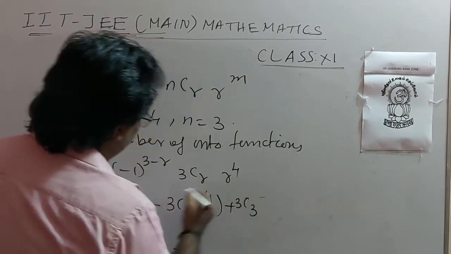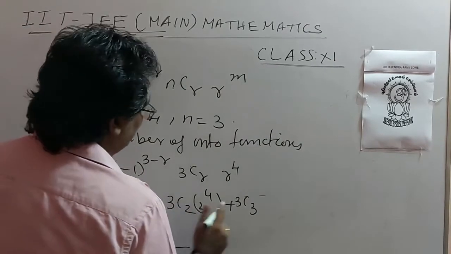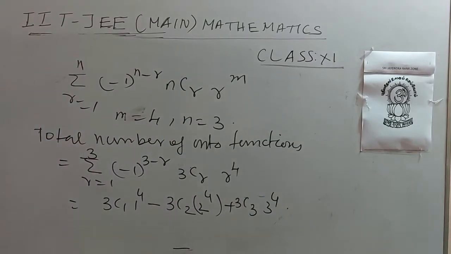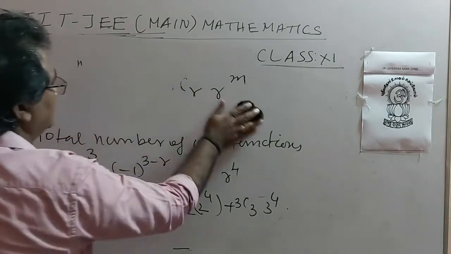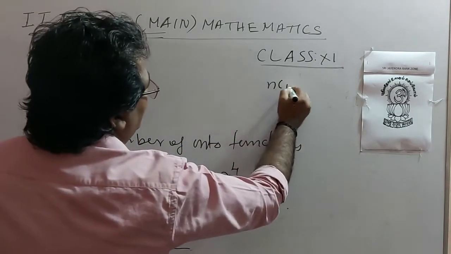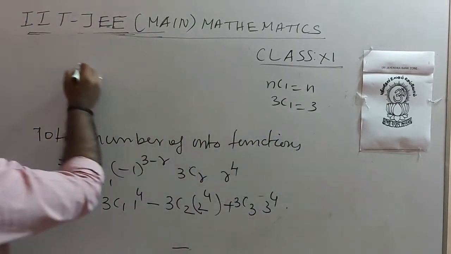Plus 3C3 into 3 power 4. Since nC1 equal to n, 3C1 equal to 3.